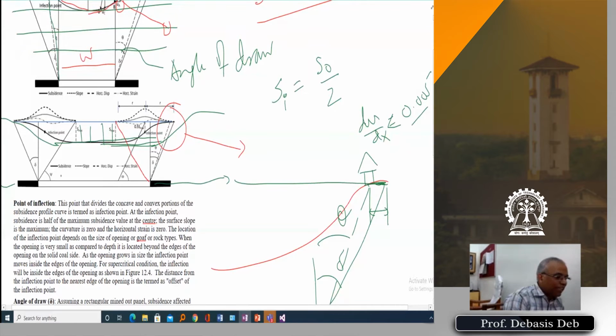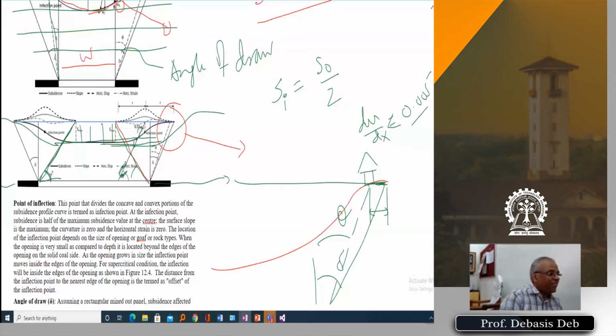So we draw that line, and this angle here. It is the same angle on the other side. So this angle is the angle of major influence. We call this angle that. This is only for supercritical subsidence, not for subcritical.